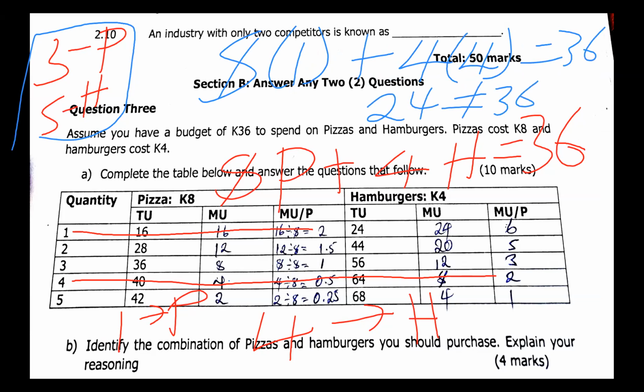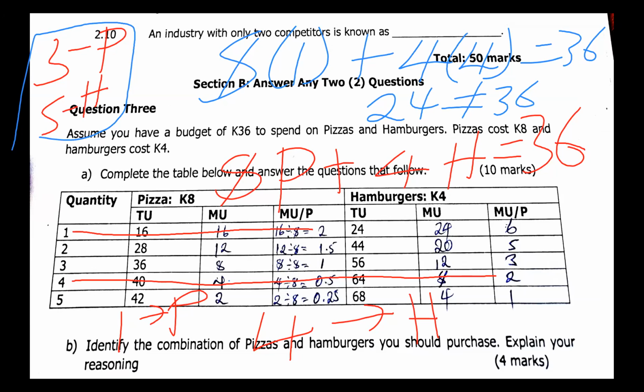But if you've analyzed, you find that now what you spend is 24 kwacha. You spend 24 kwacha, but you have 36 kwacha, which means since this combination maximizes your satisfaction or your utility, and you can actually manage it, you can afford it according to your income. Then this is the bundle that you're going to purchase.